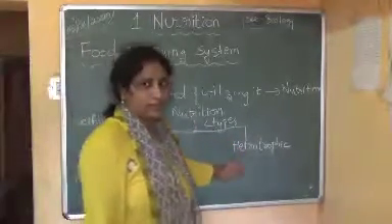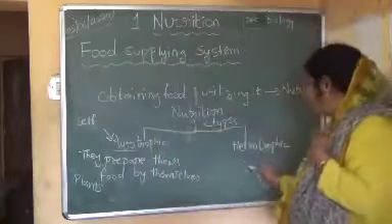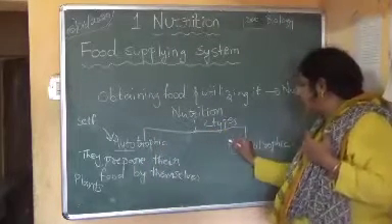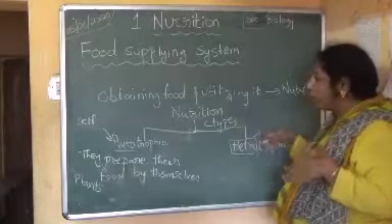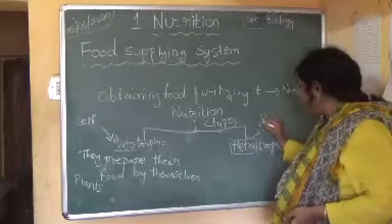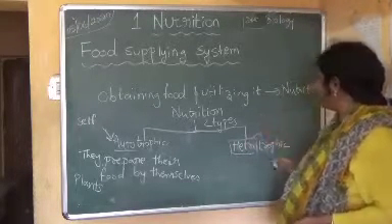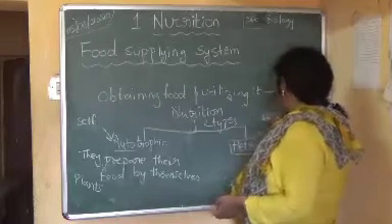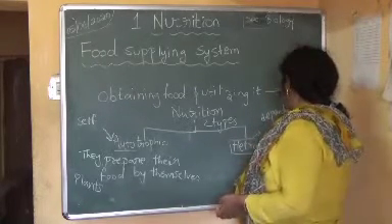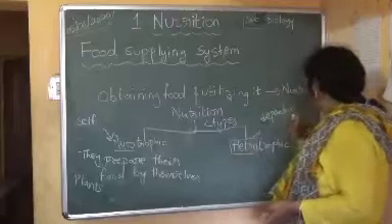Now coming to heterotrophic. What is hetero? Hetero means not self, means they are dependent. You can say they are dependent on others for food.